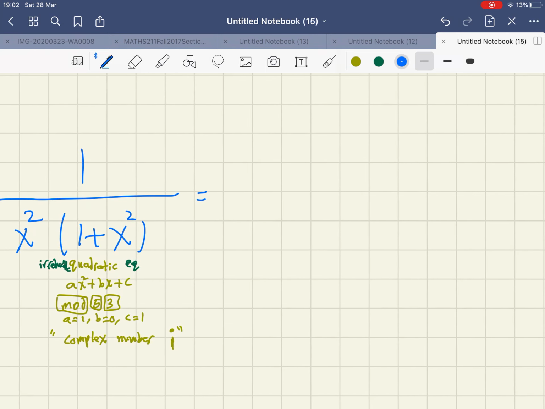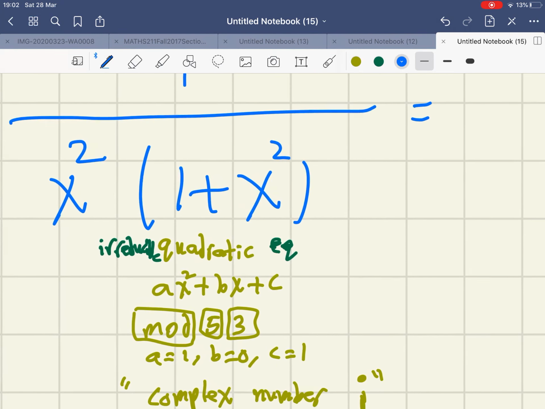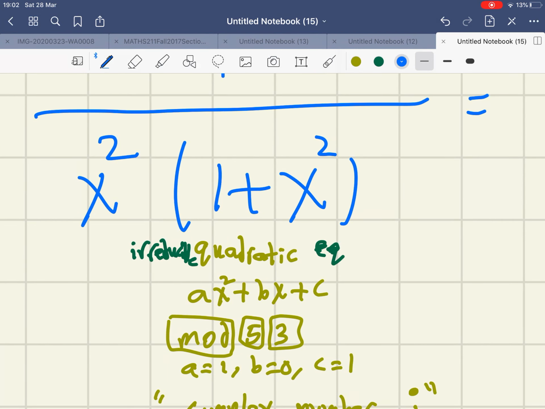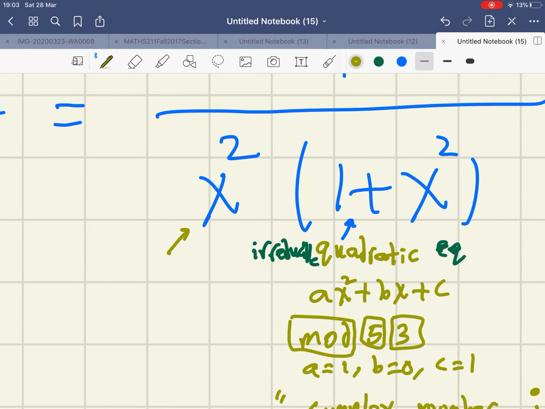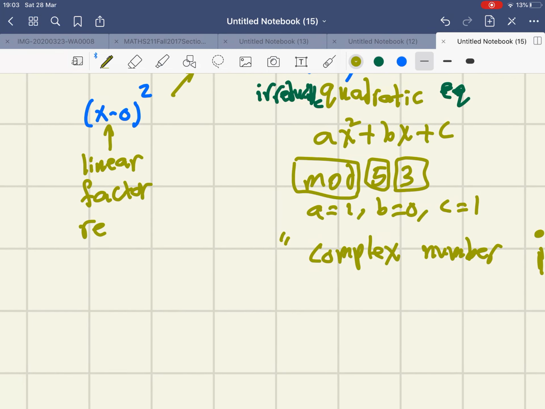Now, how can we do the partial fraction? Again, what do we have? We have two things here. I have an irreducible quadratic, which is this one. And here I have x, actually x minus 0, but it has been repeated 2 times. So actually what is inside is just a linear factor, but it's repeated 2 times.